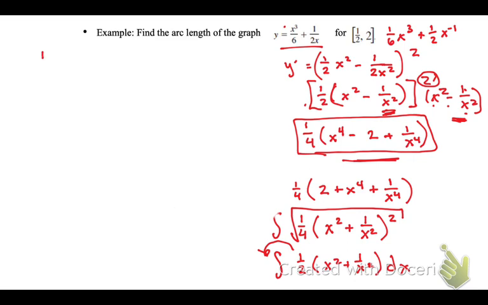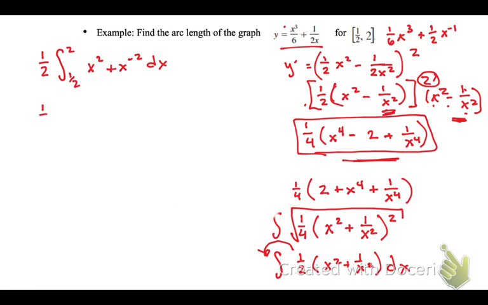Okay, so I have 1/2 the integral from 1/2 to 2 of x squared plus x to the negative 2 dx.